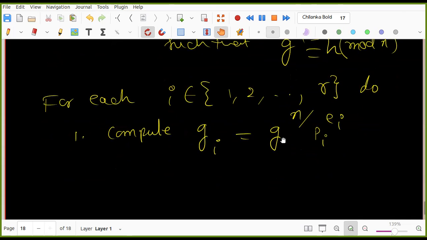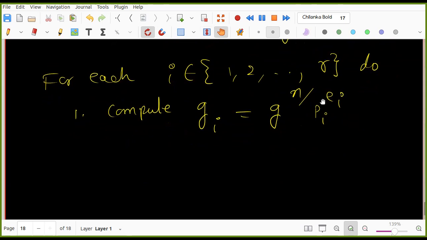The generator. Then what is the order of this element? If I raise it to the power p_i power e_i, I get g power n, and g power n is the identity.